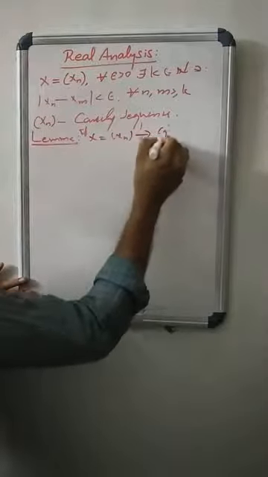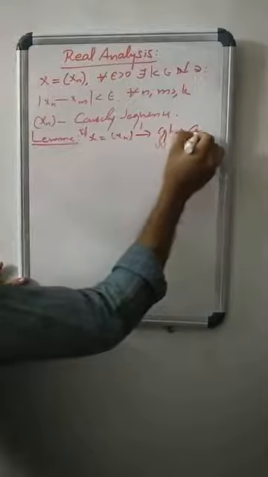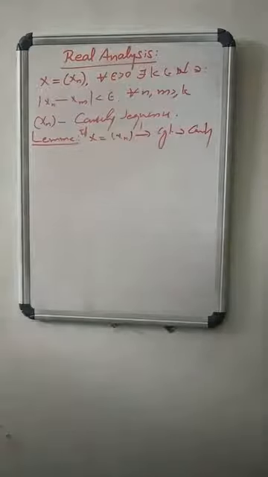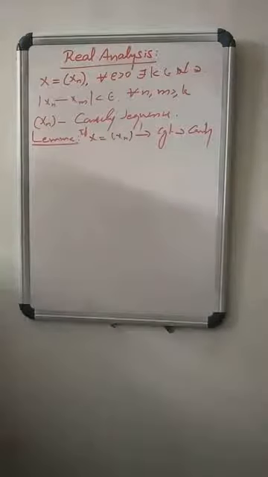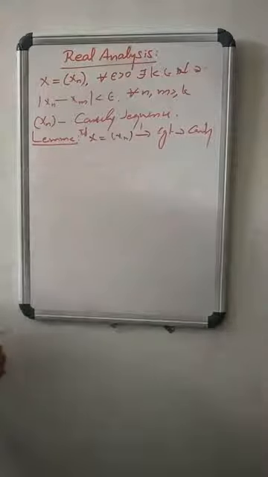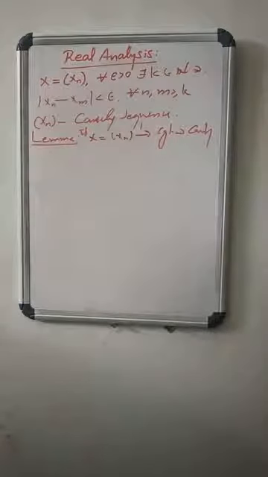Means convergent implies Cauchy. Every convergent sequence is Cauchy. That is what we prove here. Then we show that the sequence is Cauchy. Means every convergent sequence is Cauchy.